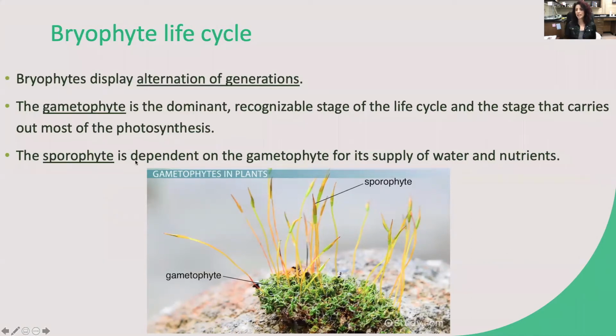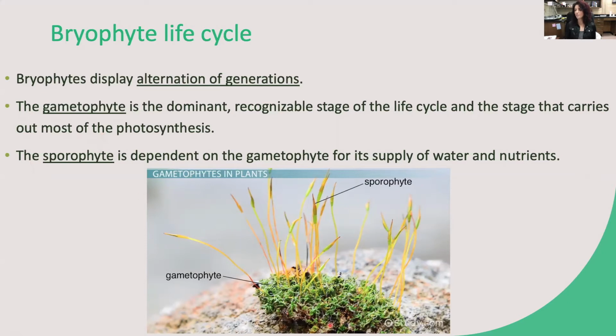So when we're looking at a moss, we're actually looking at the gametophyte part of the life cycle. This gametophyte is the dominant recognizable stage of the life cycle and the stage that carries out most of the photosynthesis. On the other hand, we have this other part of the life cycle called the sporophyte. The sporophyte is dependent upon the gametophyte for its supply of water and nutrients.